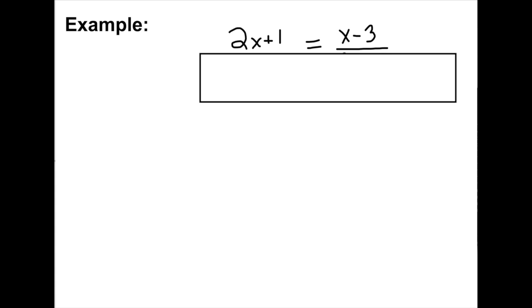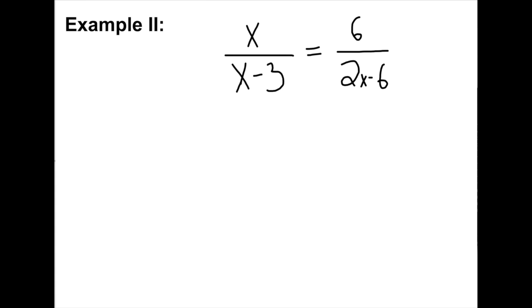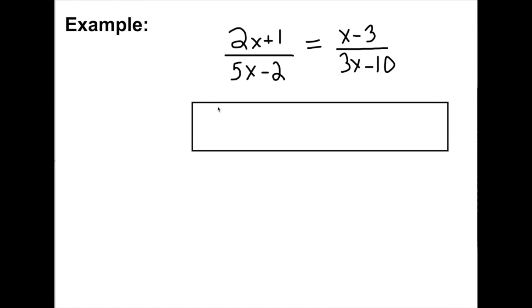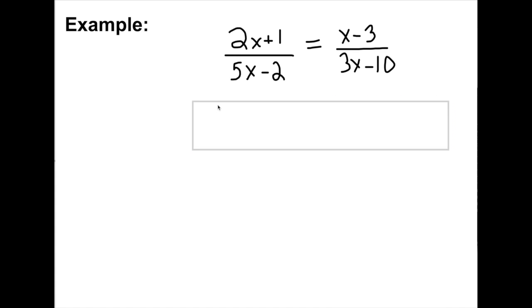So the first thing we need to think about is how we're going to get rid of the denominator. We need this to go away. So let's think about it like this.